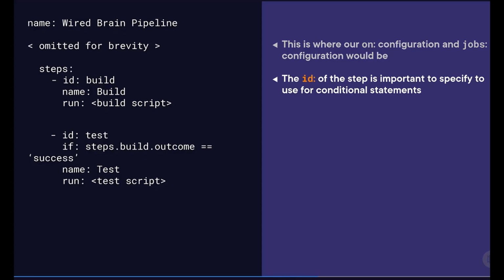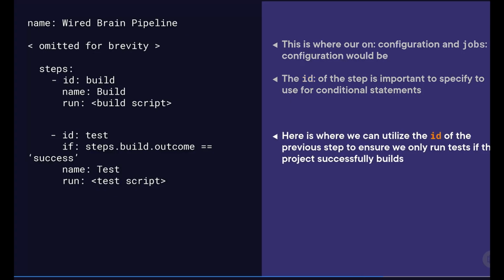This is important to specify if you ever want to look back at a previous step in the pipeline and utilize a conditional statement based on the outcome of the previous step. And moving down to the test step, we can see where we specify this conditional by utilizing the if block. We are referencing back to the build step and telling the pipeline only to run if the build step succeeds, meaning the test won't run if the code doesn't compile.